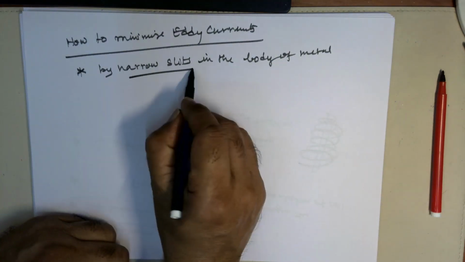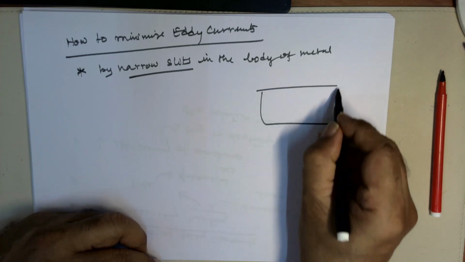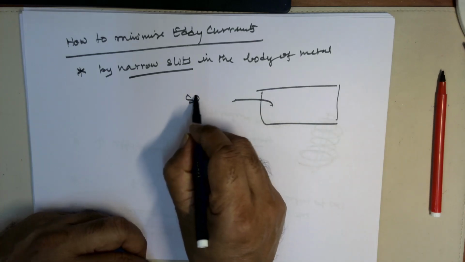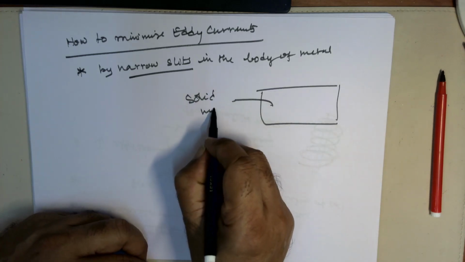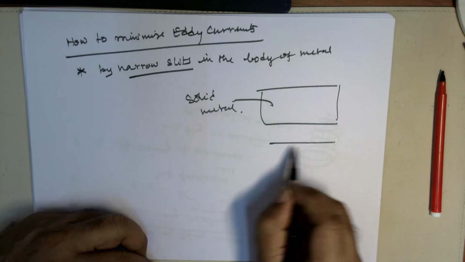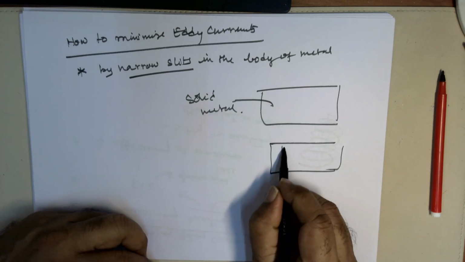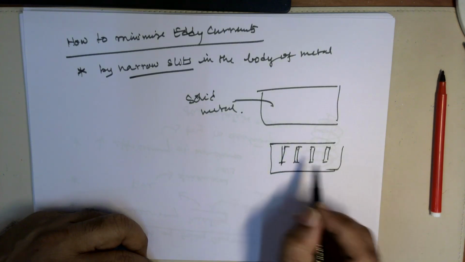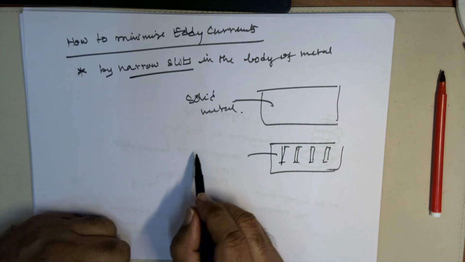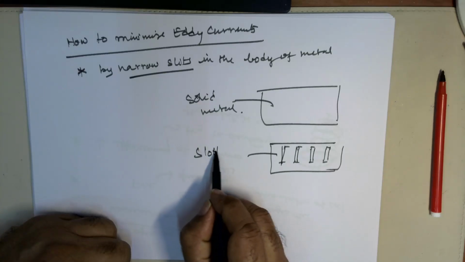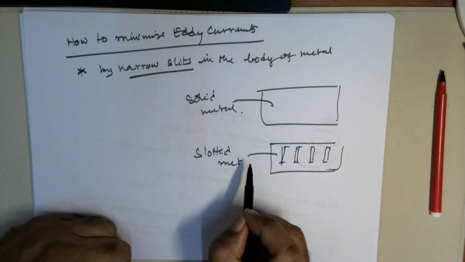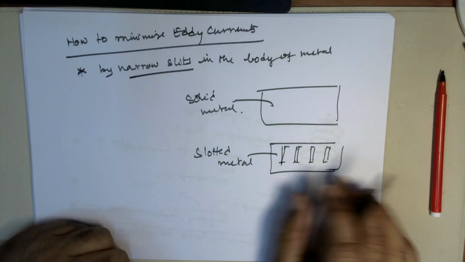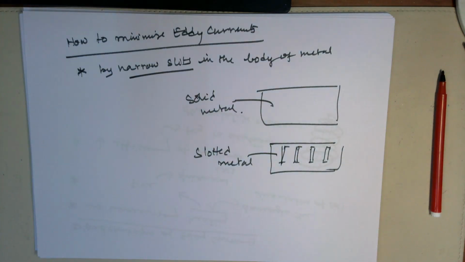By narrow slits means instead of putting the solid metal, what you can do, you can give a slotted metal like this. Are you able to follow? You can cut. So this is the slotted metal or cut metal. We'll be having a lot of slots. So that will reduce.